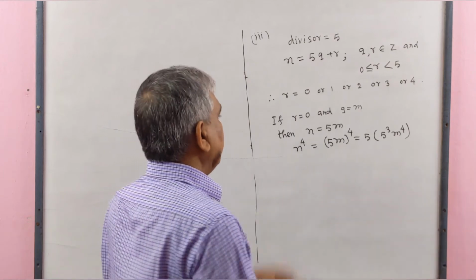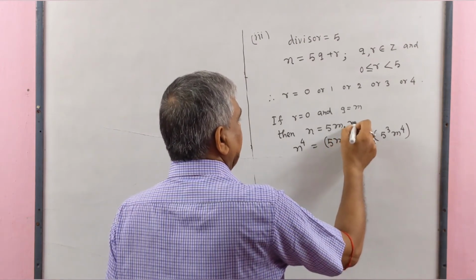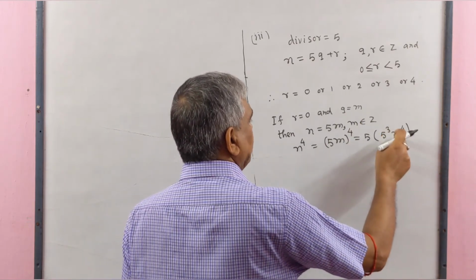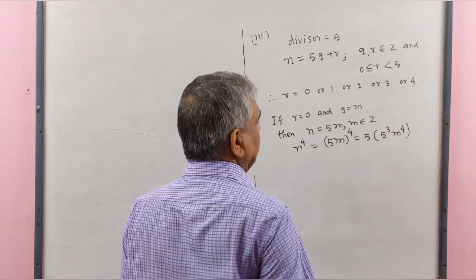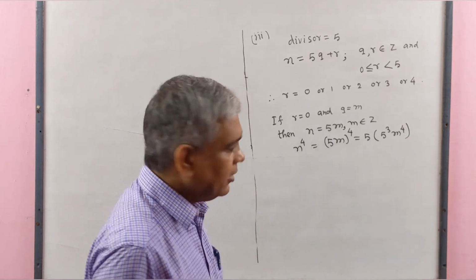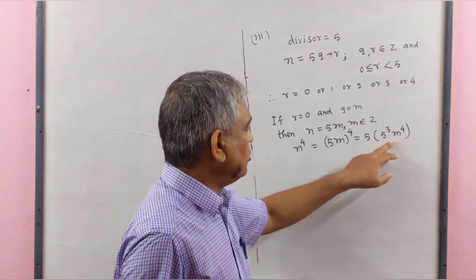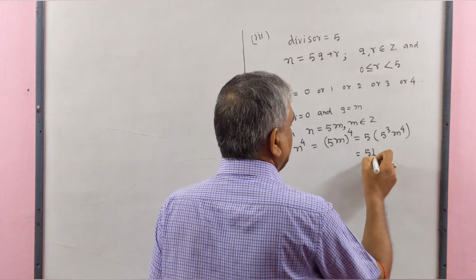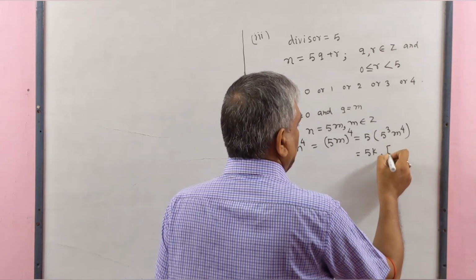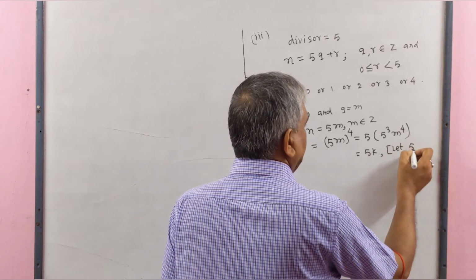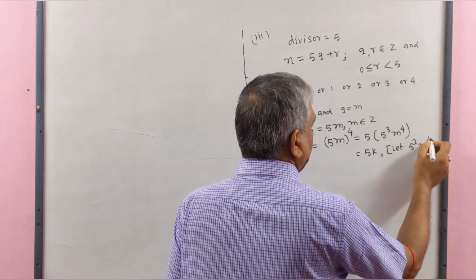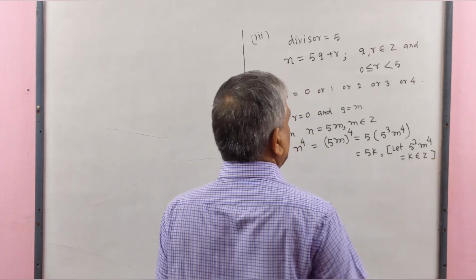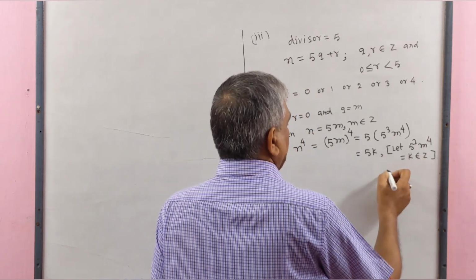Since m is an integer, therefore 5 cube multiplied by m to the power 4 is also an integer. Let this equal k. This equals 5k. Let 5 cube m to the power 4 equal k, which belongs to Z. This is number 1.